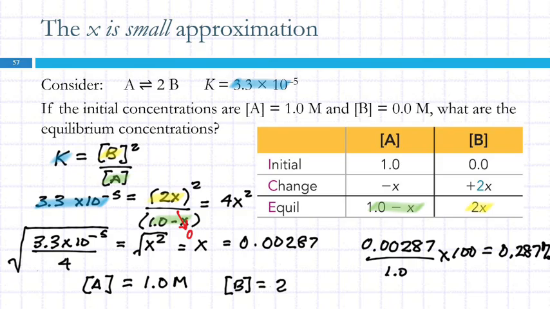Well, B is 2 times X. 0.00574. And that would probably be best expressed as 0.006 molar.